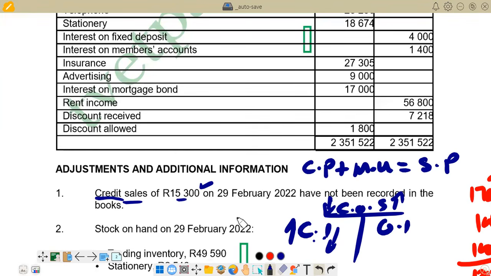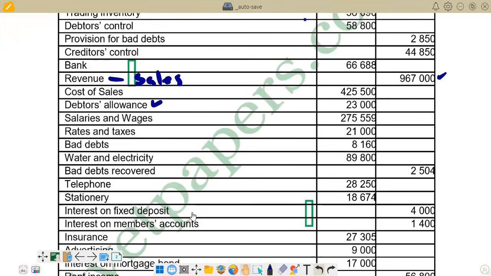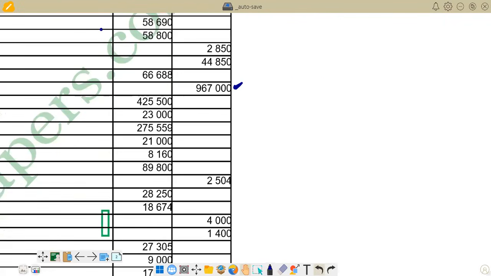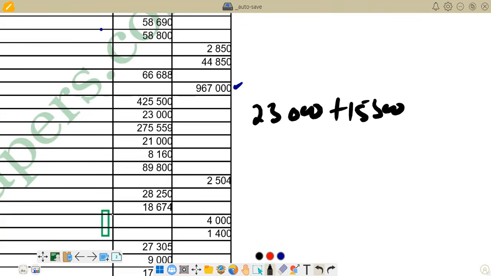So in the debtors allowance figure, we can recheck the amount there in the question. We put the figure that we have here, 23,000. We say 23,000 is the figure for debtors control. We add the 15,300 of omitted credit sales, and then we subtract the amount being removed, which is 1,250.